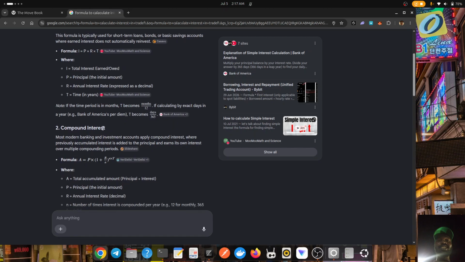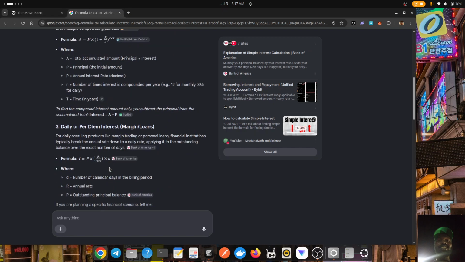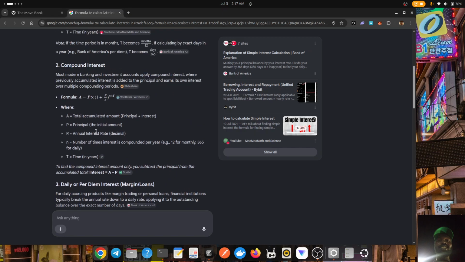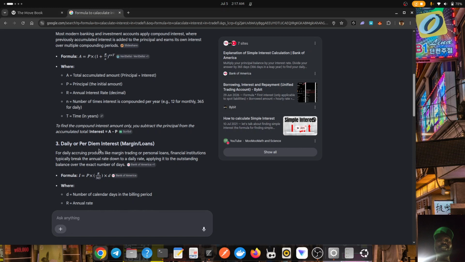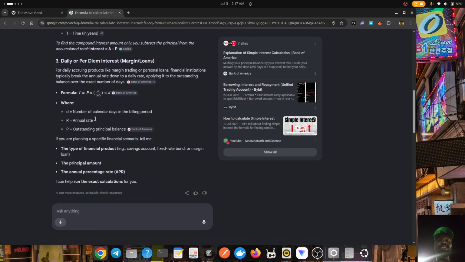So we're dealing with compound interest here. Then the compound interest time is around years, but then we want something very small that calculates principal times the annual rate over 360 times day. So this is what we want to do. Outstanding principal balance.